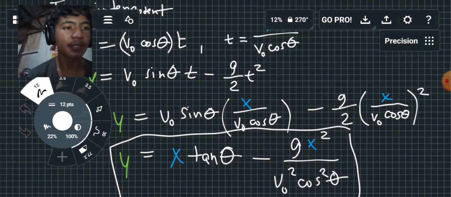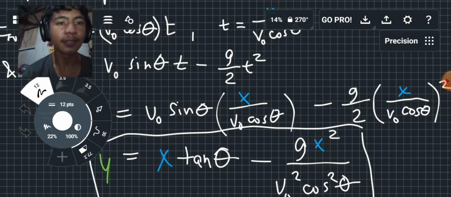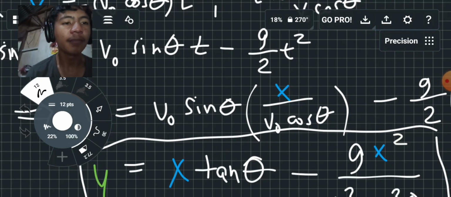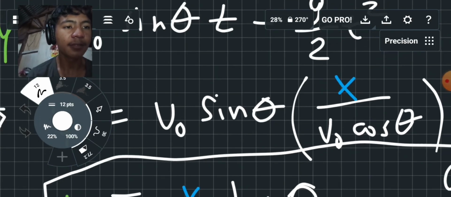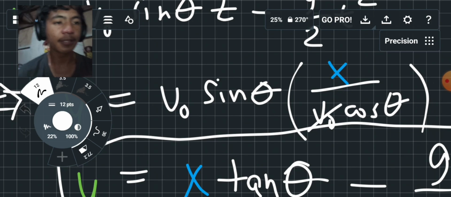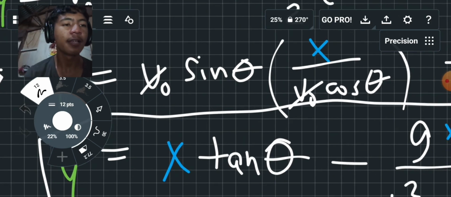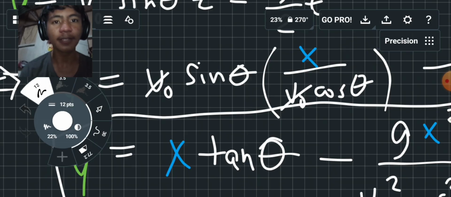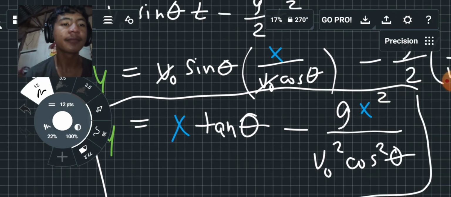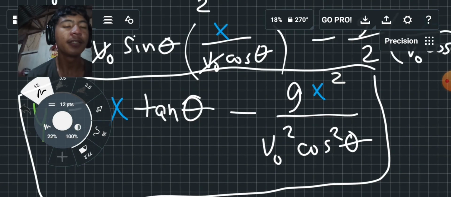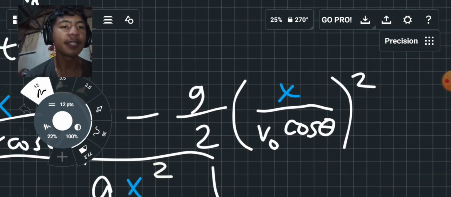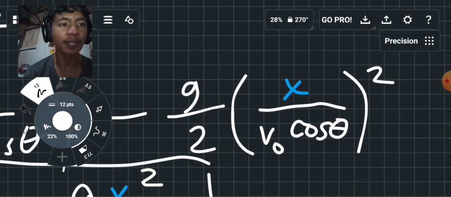So what we get is a pretty long expression, but this cancels out, and sine theta over cosine theta, that's very basic. That is tangent theta. So the second term, we just simplify that.